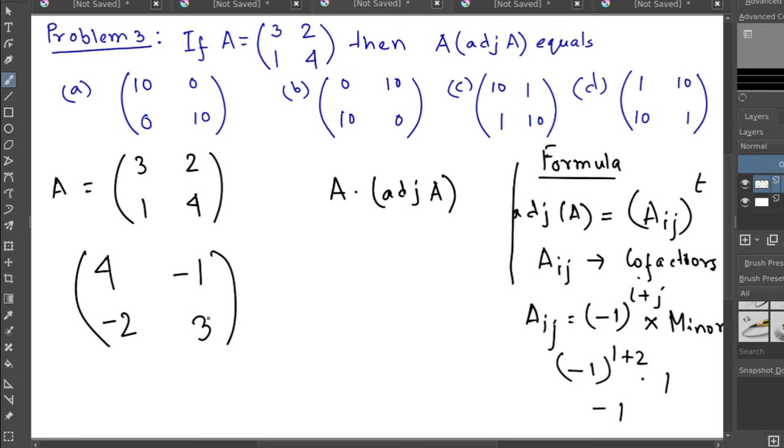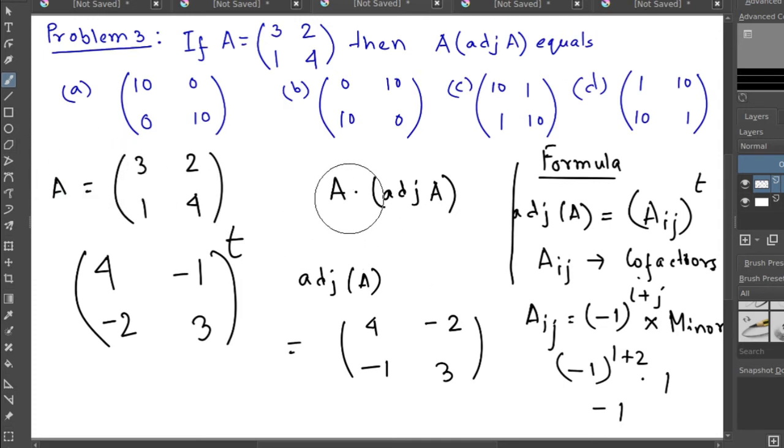Now the adjoint matrix is just the transpose of this matrix. So adjoint A equals the transpose of this matrix, which is 4, -2, -1 and 3. We need to multiply A with this matrix.